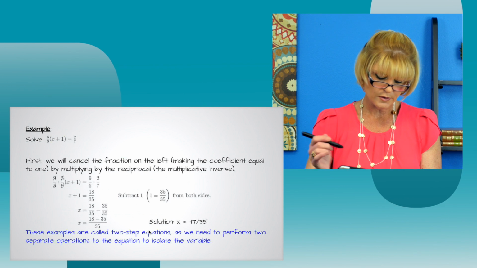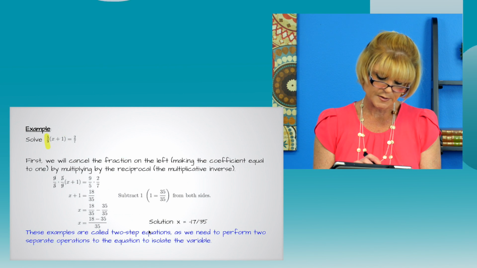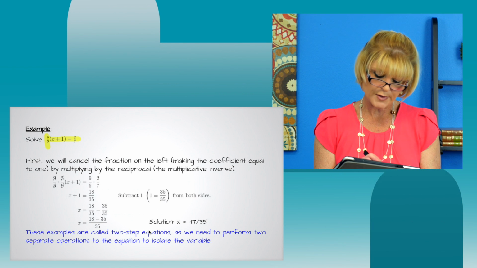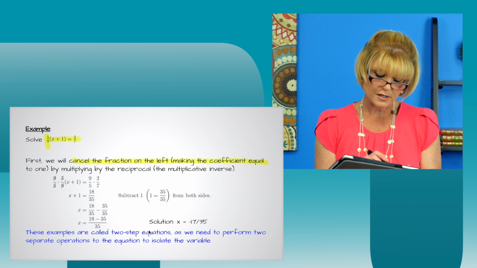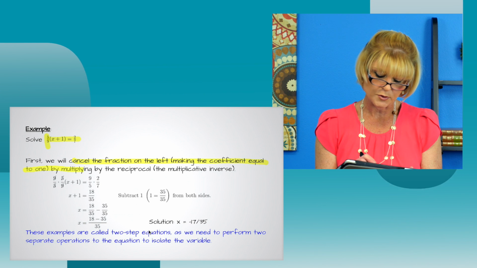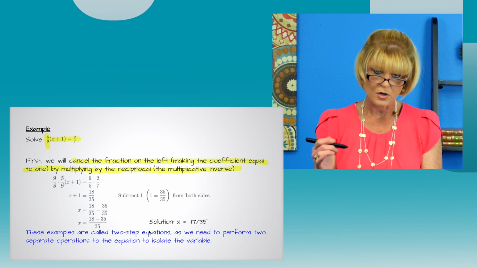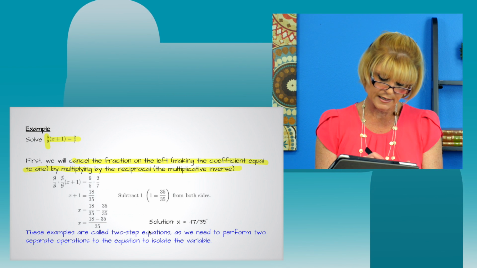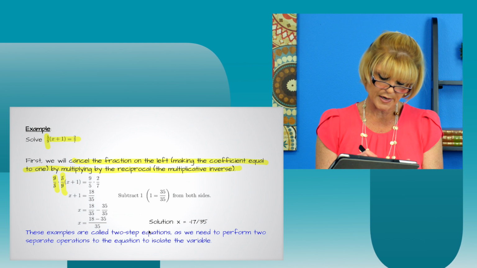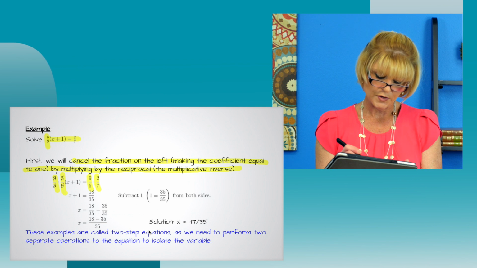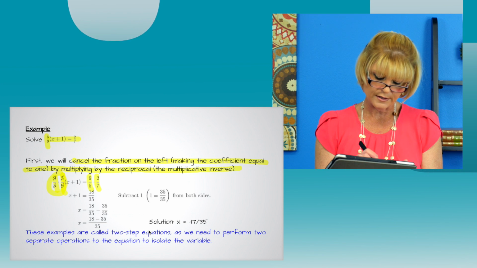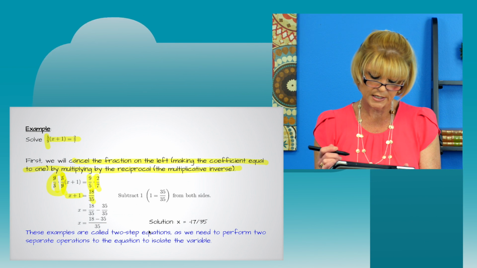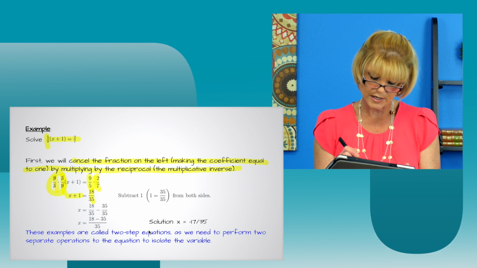Here's another example. Solve (5/9)(x + 1) = 2/7. First we're going to cancel the fraction on the left, making the coefficient equal to 1 by multiplying by the reciprocal, or the multiplicative inverse. So we're going to multiply both sides by 9/5. These cancel out, leaving us with x + 1. This multiplies to 18/35.